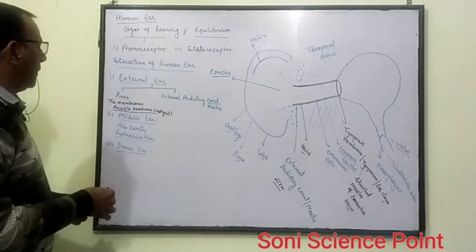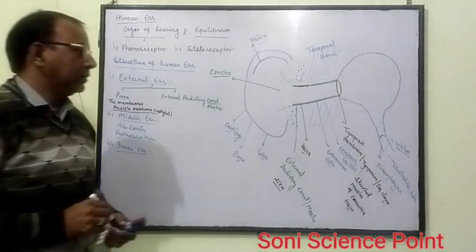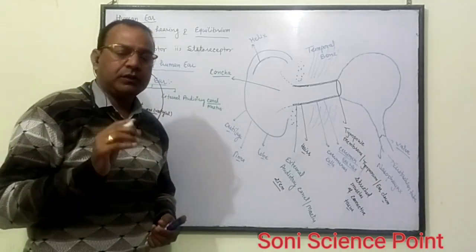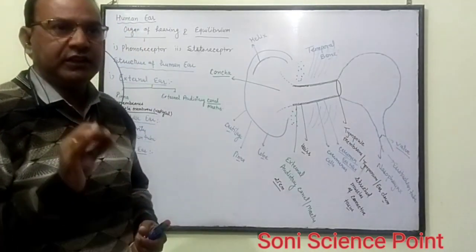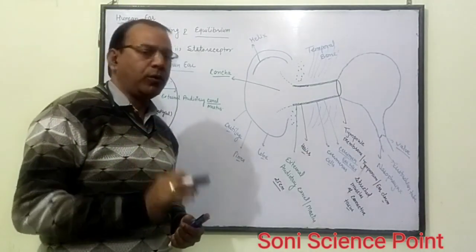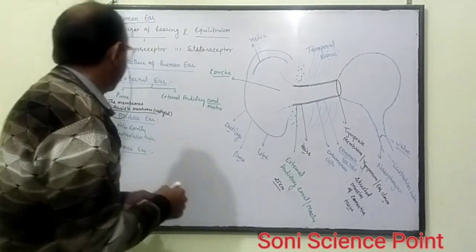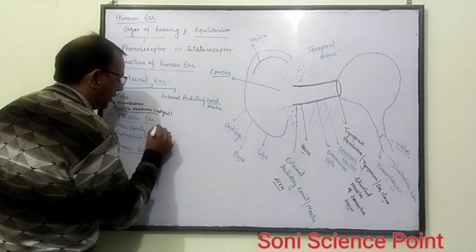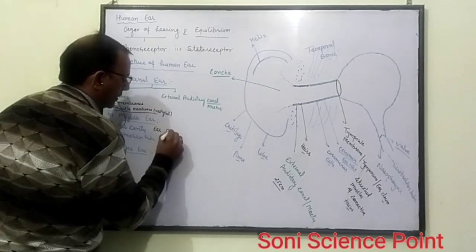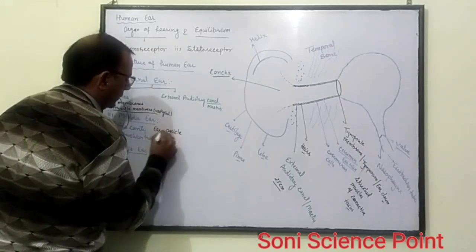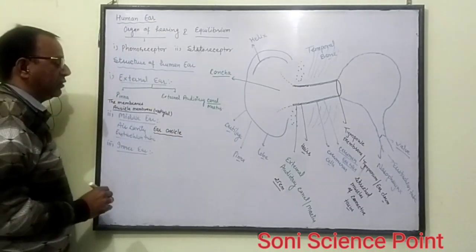The middle ear also contains three bones known as ear ossicles. Each ear contains three bones called ear ossicles.